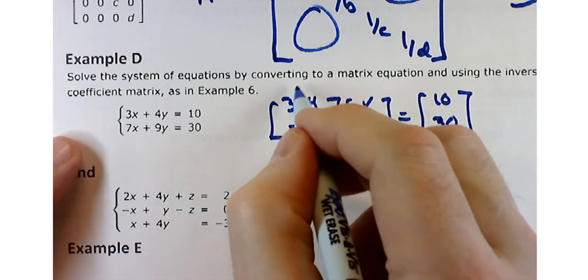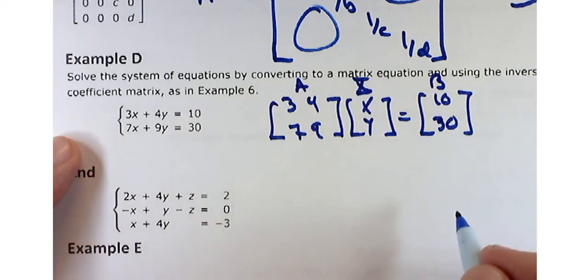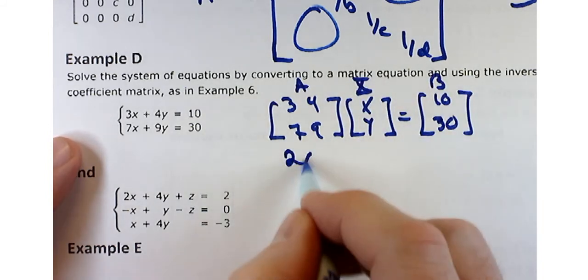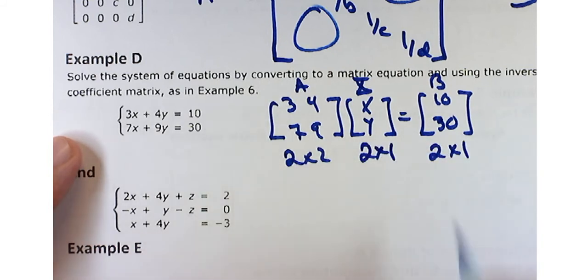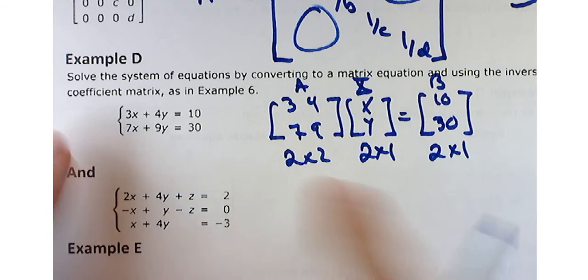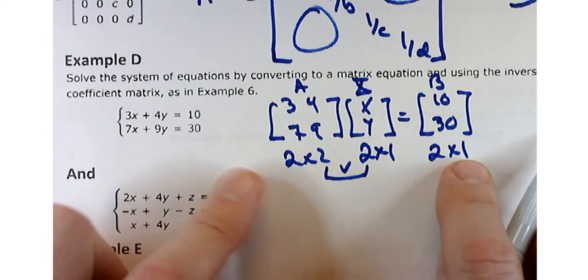So this is matrix A, that's X, that's B. This is a 2 by 2 matrix, this is a 2 by 1 matrix, this is a 2 by 1 matrix. So you can multiply these things and you'll get a 2 by 1.